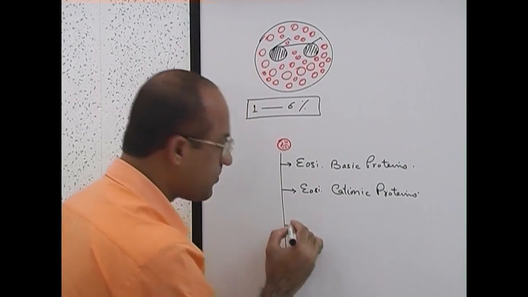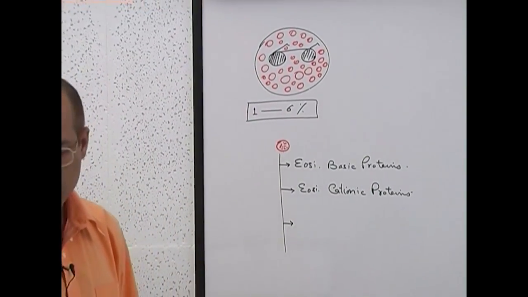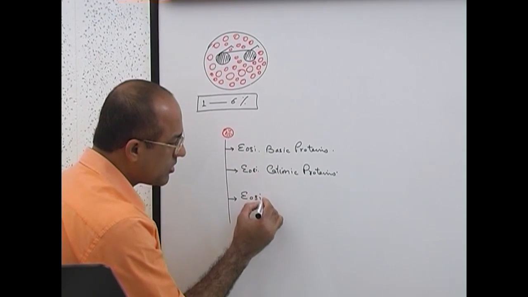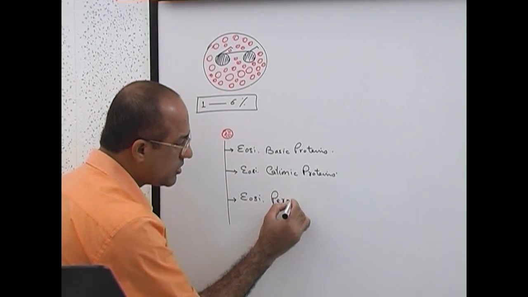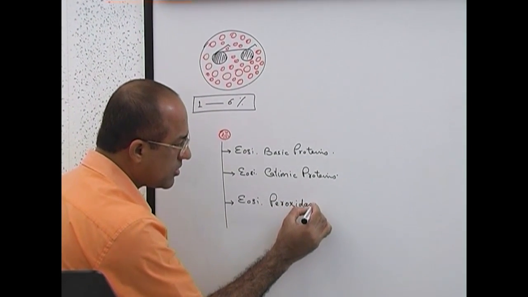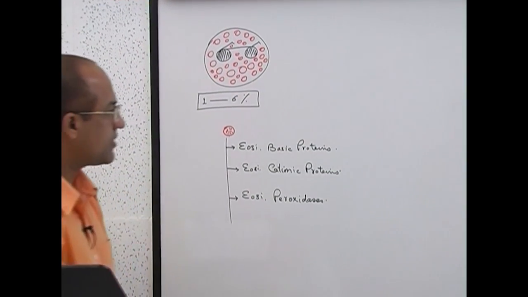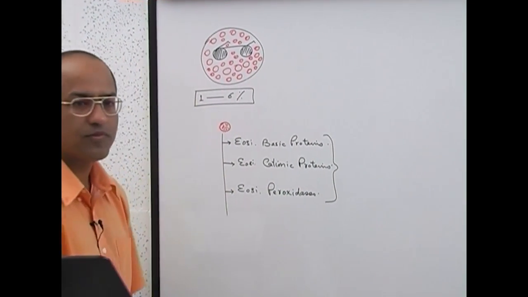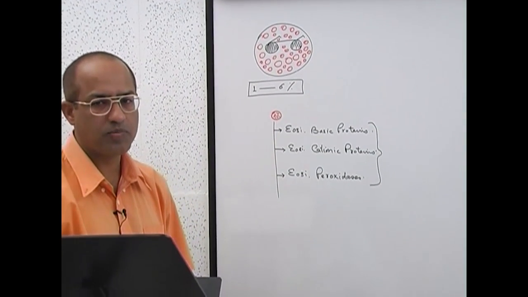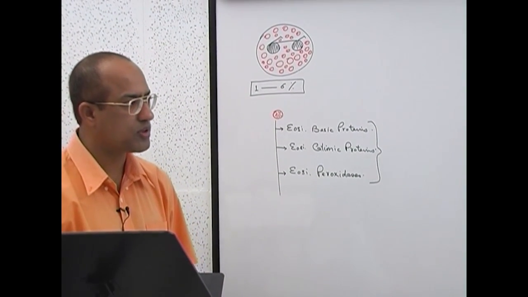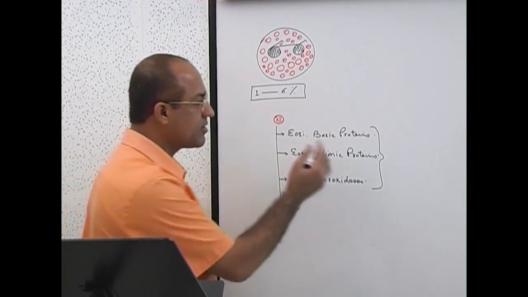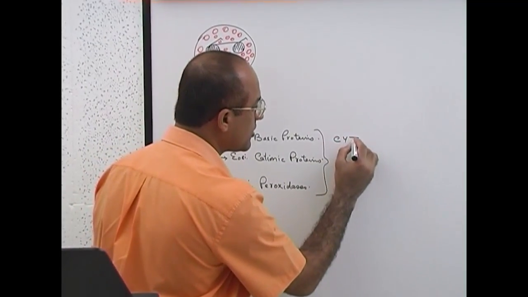Number three, these granules are having eosinophilic peroxidases. And these three products are very dangerous for parasites and protozoans, right? So protozoans and parasites. These products are cytotoxic.